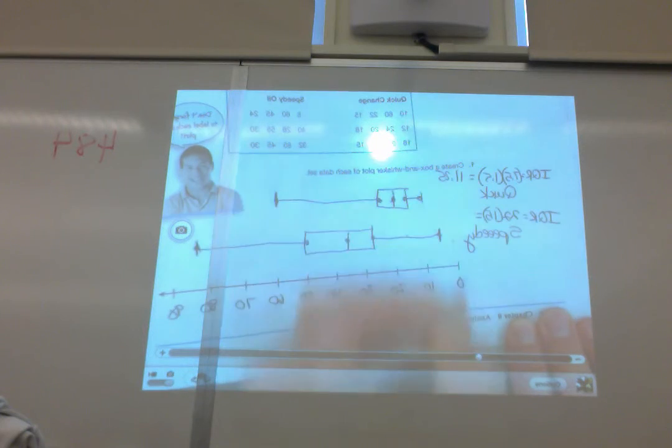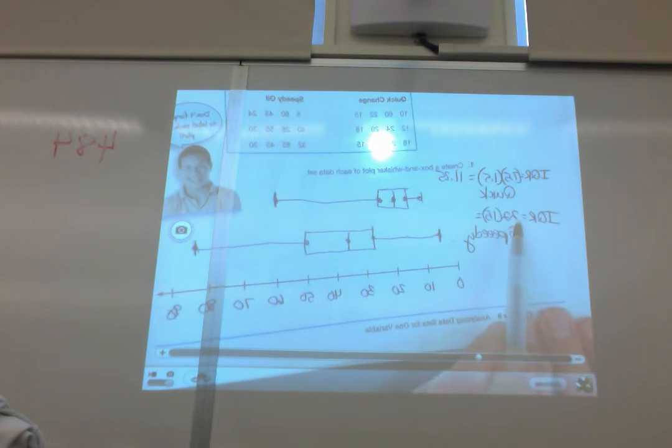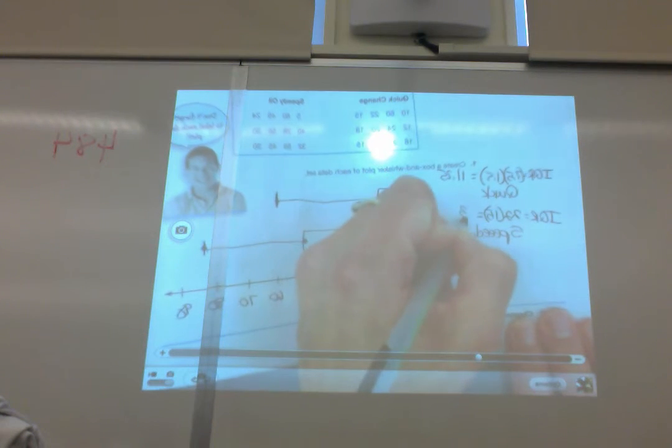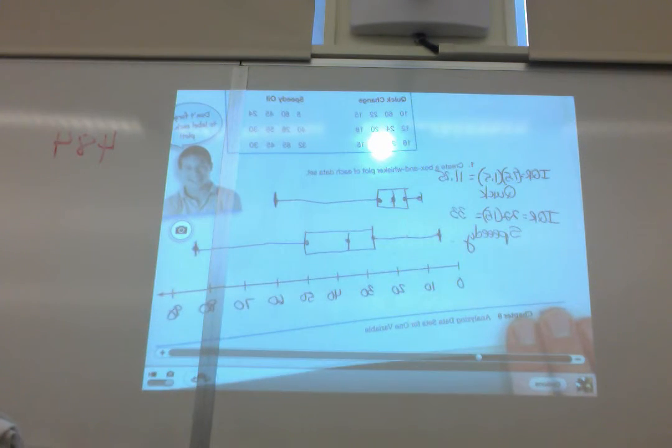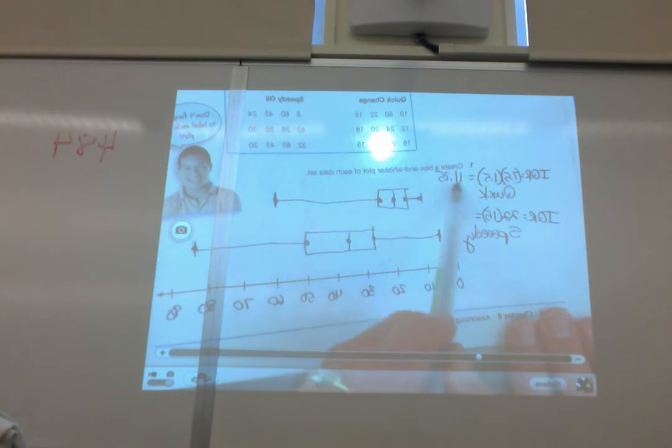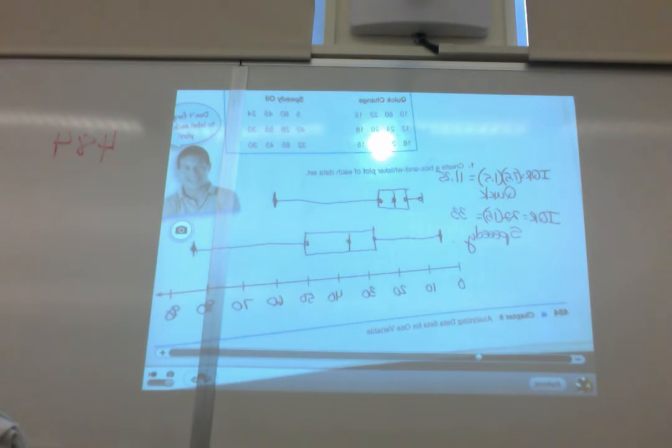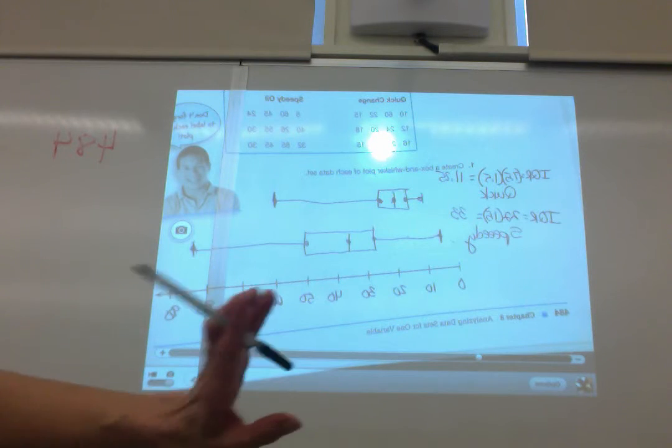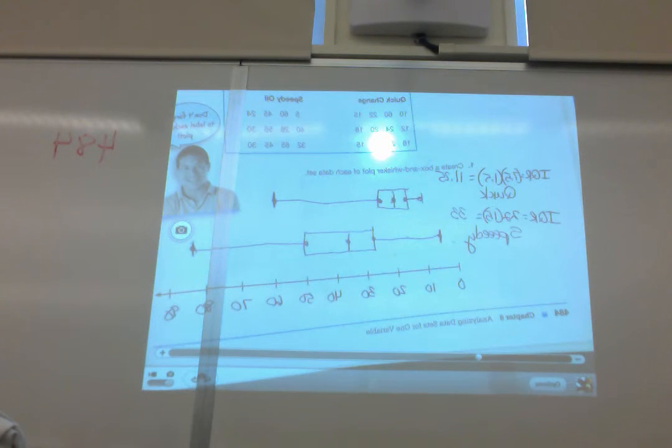Thank you. And IQR 22 times 1.5 is 33. So what that means is outliers are 11.25 off either left or right for quick and 33 off for speedy.